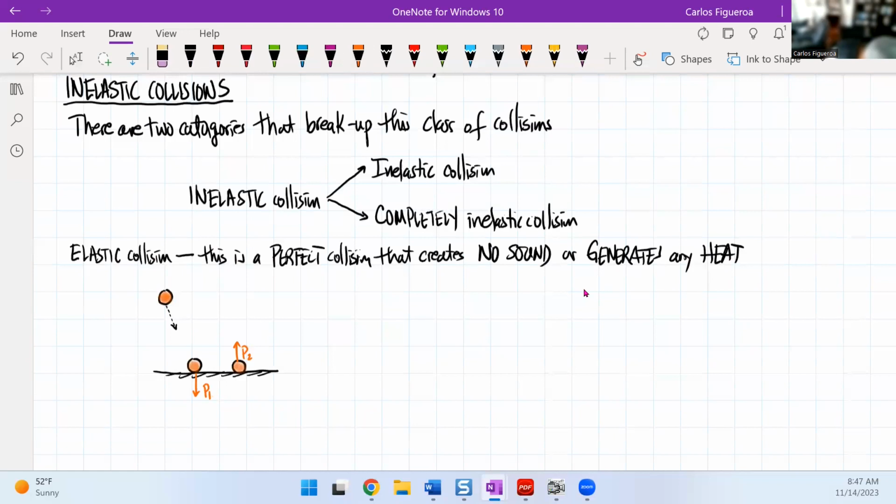You know what? Let's not do initial. Let's just do P1 and P2. And what happens here is that the ball comes up to the exact same height. So a perfect collision: it drops, bounces, and returns to original height.